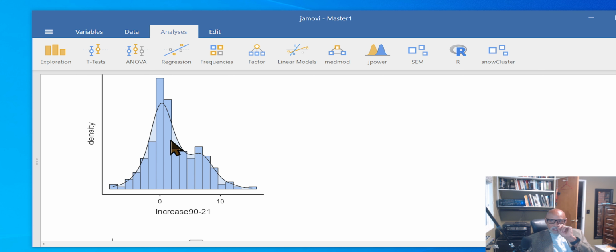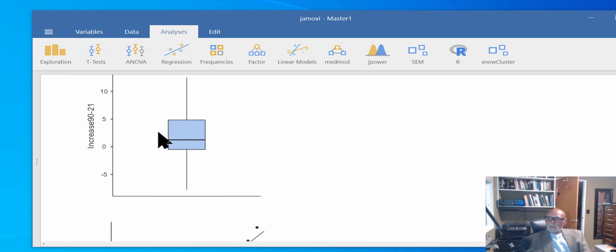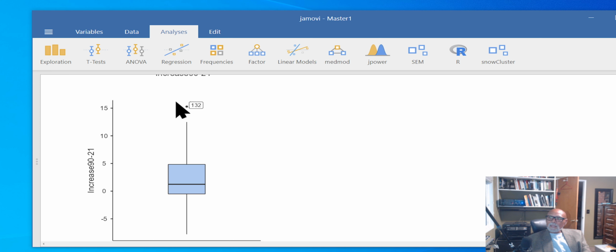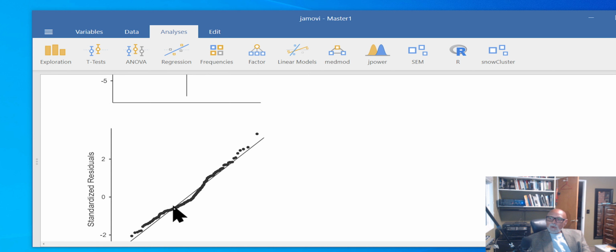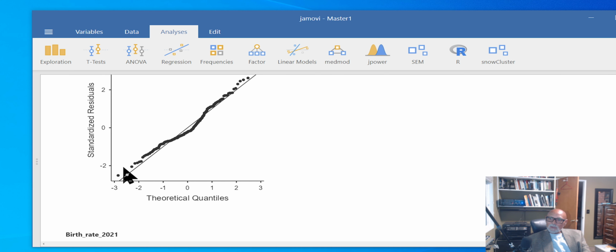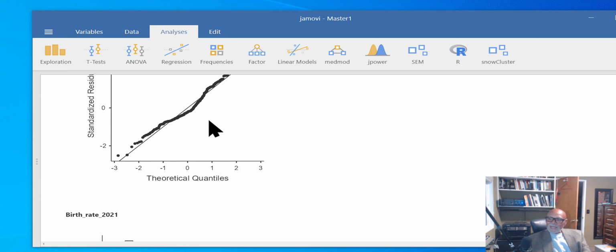So no change in the crude birth rate is the mode. And we'll take a closer look at that. And we have one country, case number 132, that has a very high increase in the birth rate. And you can see, because that is more of a symmetric distribution, these points lie closer to that QQ line.